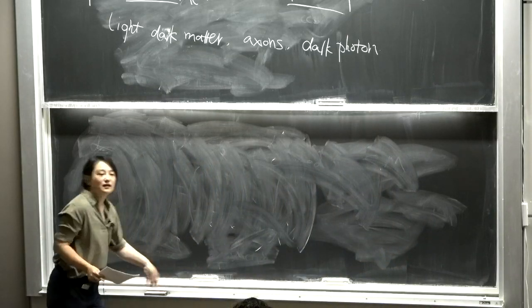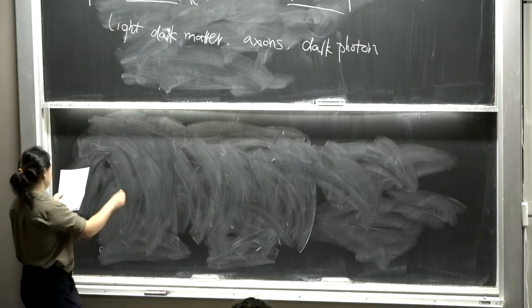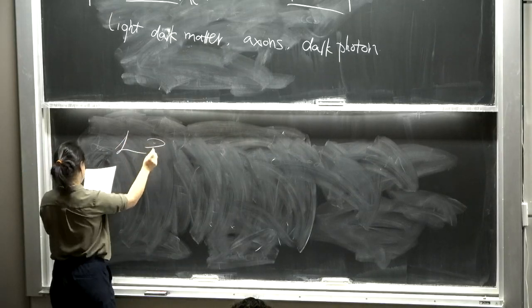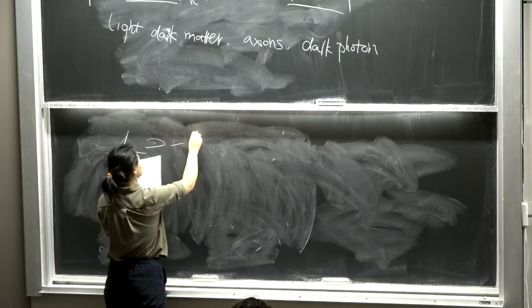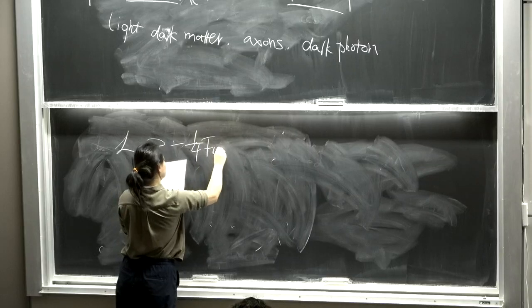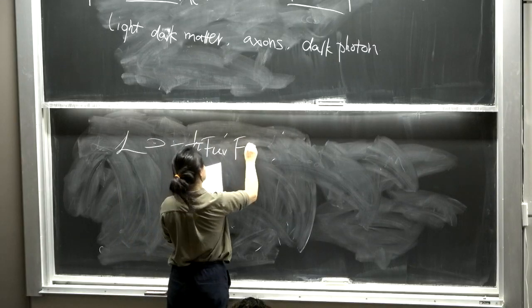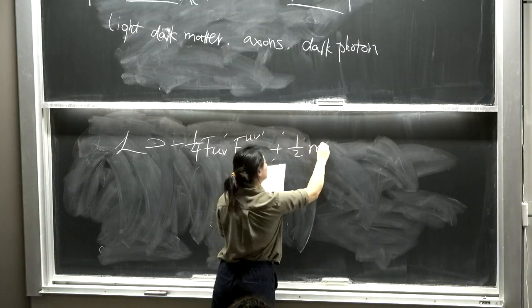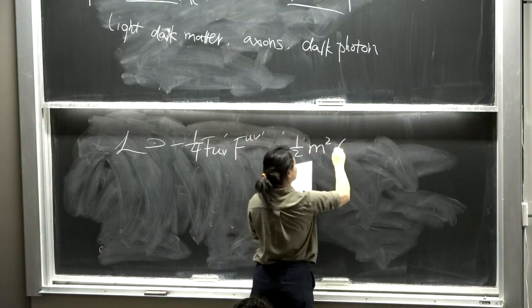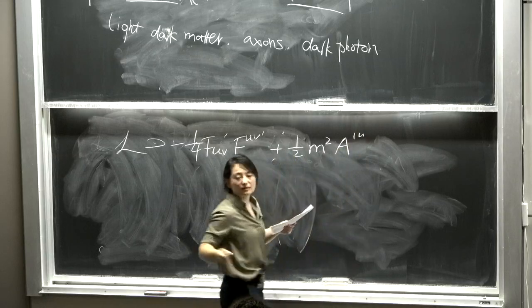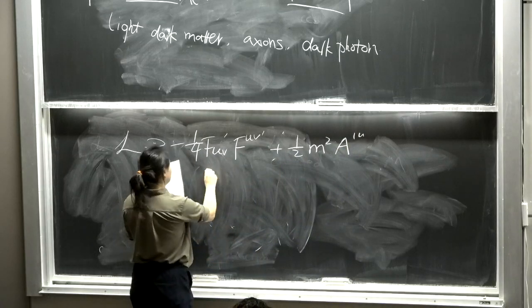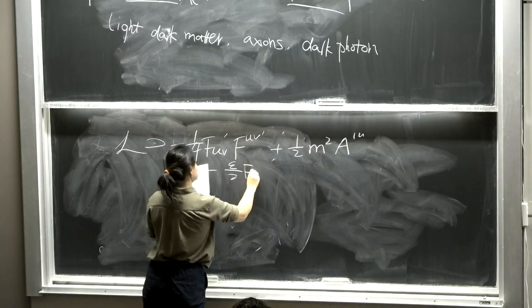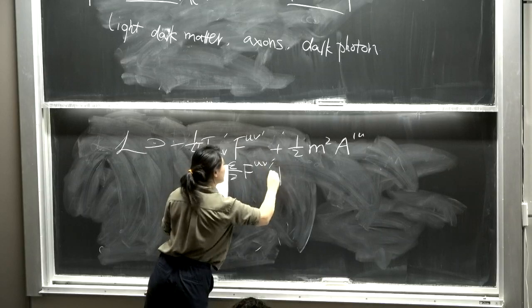So let's say I'm looking at a dark photon, with a mass of, let's say, anything below a GeV or so, that kinetically mixes with my normal photon.